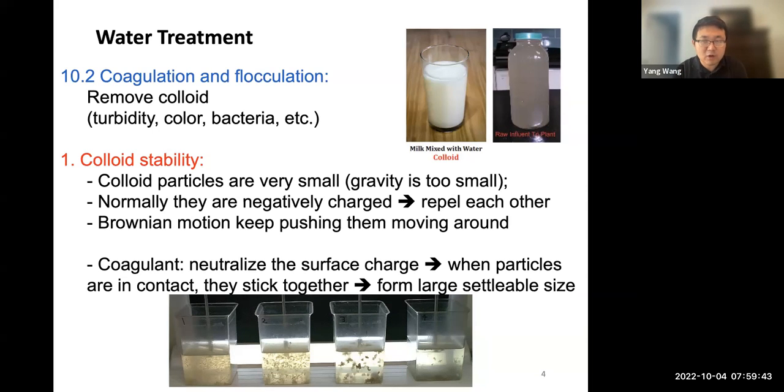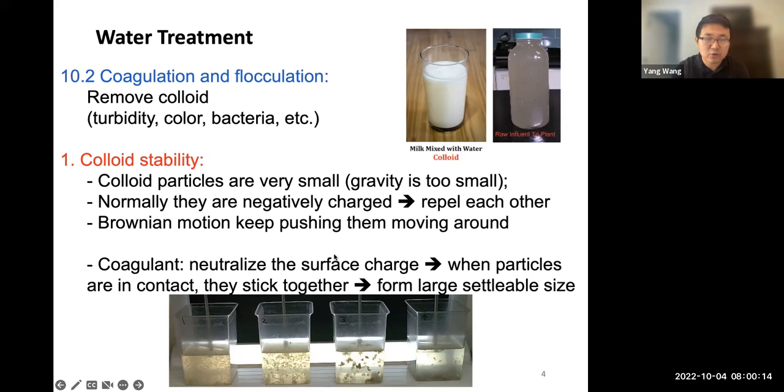Because they are small, they can still feel the collisions of the water molecules. A collision transfers momentum and gives a tiny movement to the particles, pushing them around randomly. So it's even more difficult for these particles to form larger particles, and they cannot settle down from the water.